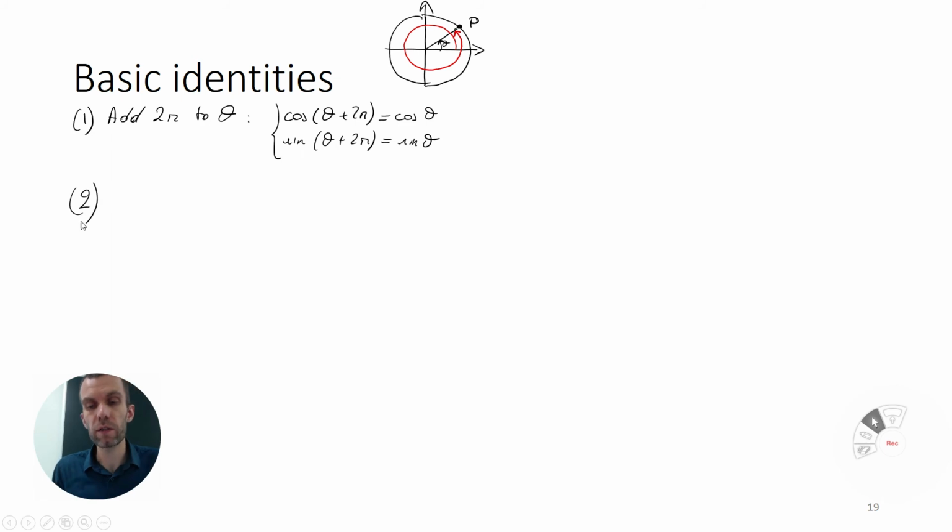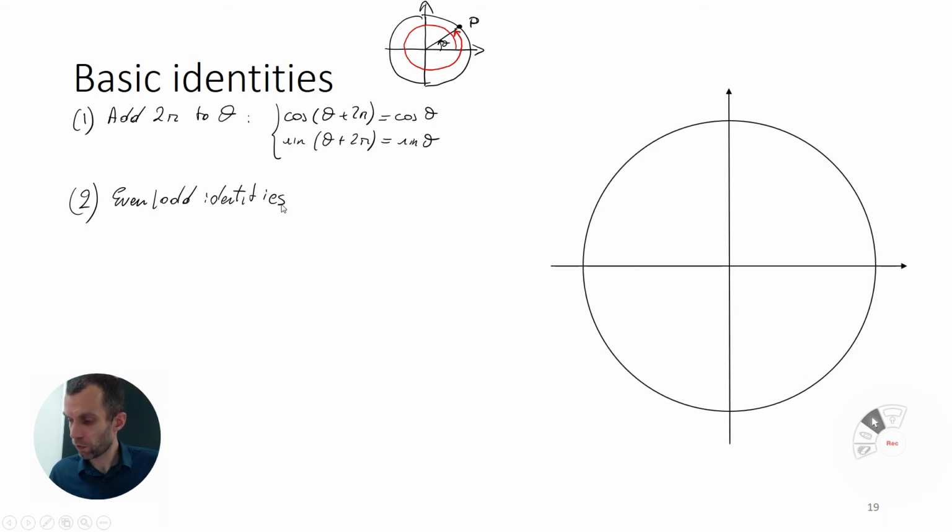The second set of formulas that I want to introduce are the so-called even-odd identities. And for that, I'm going to draw a slightly bigger figure. So here I take a point P with coordinates x and y, an angle theta. And now what I'm going to do is I'm going to reflect that point across the x-axis.